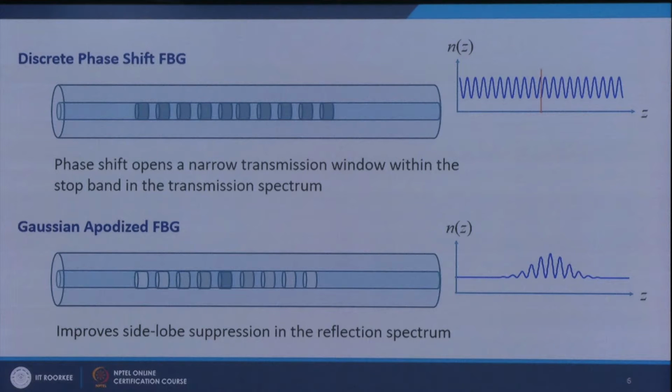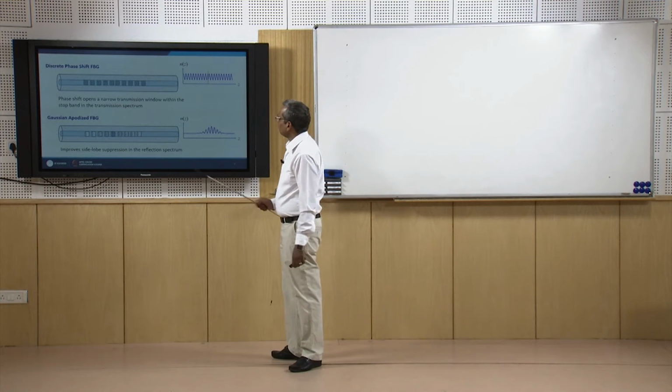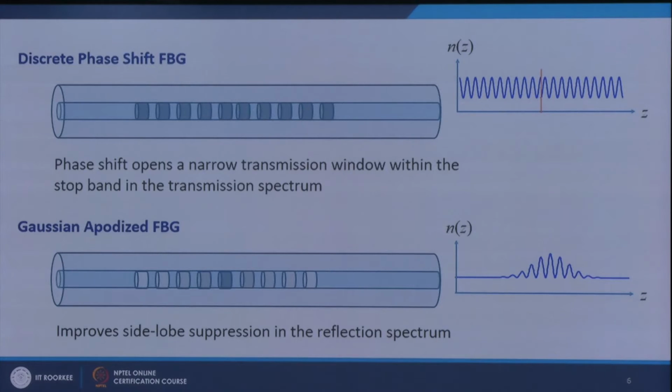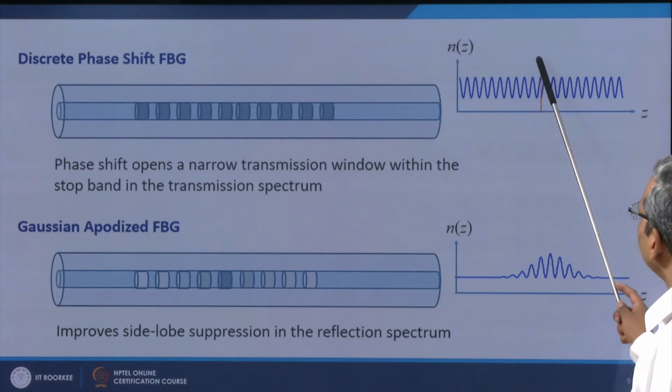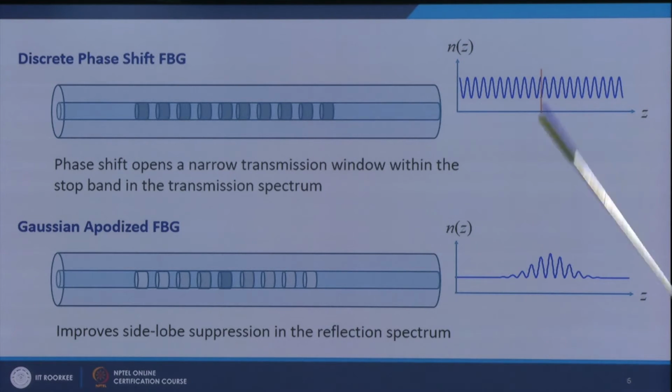I can also have discrete phase shift grating. The grating which I have considered till now has sinusoidal refractive index variation along its entire length, but I can also introduce a phase shift here. There is an abrupt change in phase, then this kind of phase shift opens a narrow transmission window within the stop band of transmission spectrum.